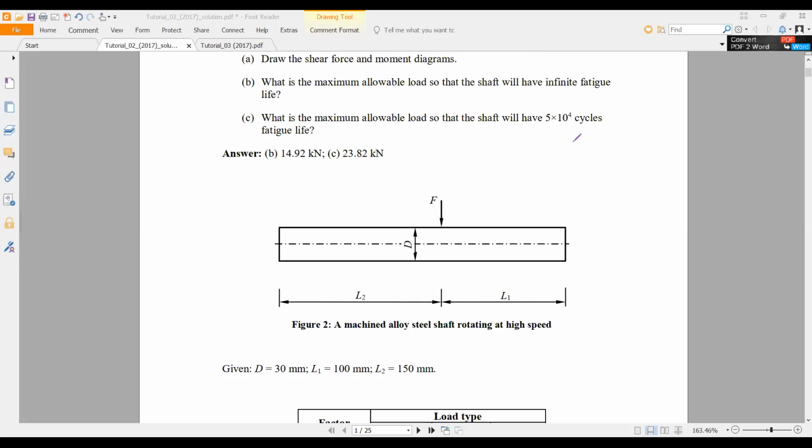That means that particular material is below 10 to the power 6. So when we draw the SN curve, it will be something like this. So 10 to the power 6 cycle we can find, but if it is 5 times 10 to the power 4, it will be somewhere here. So you need to know the equation of this curve. For that, second point we know, first point we should know, then we can derive the equation.